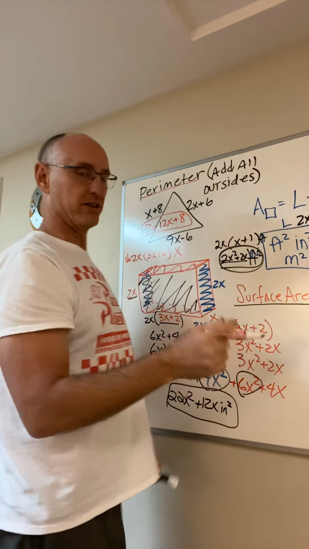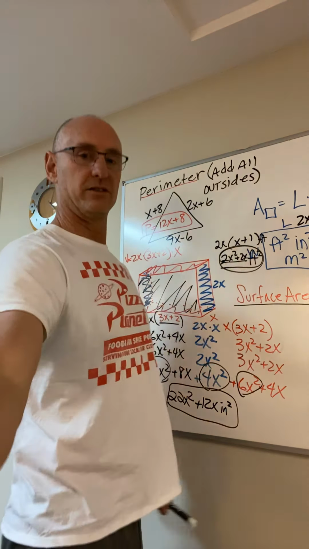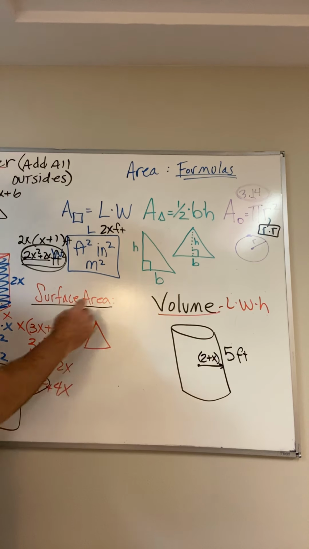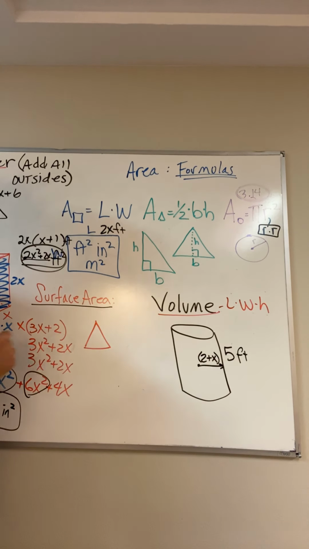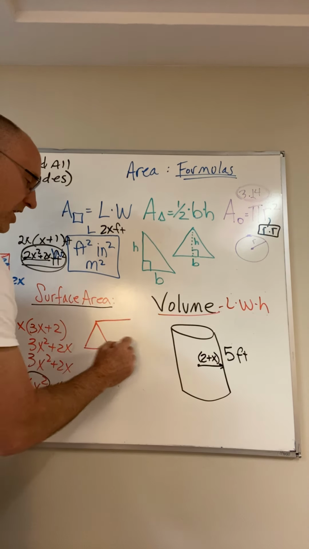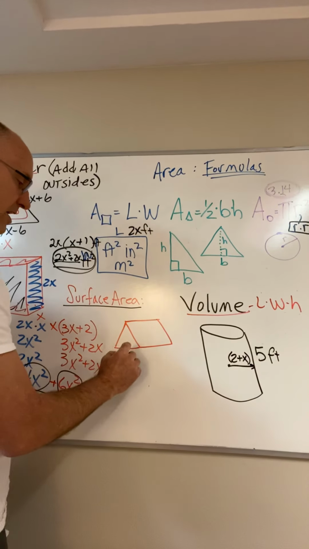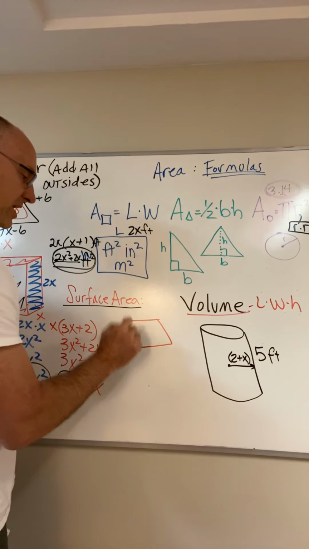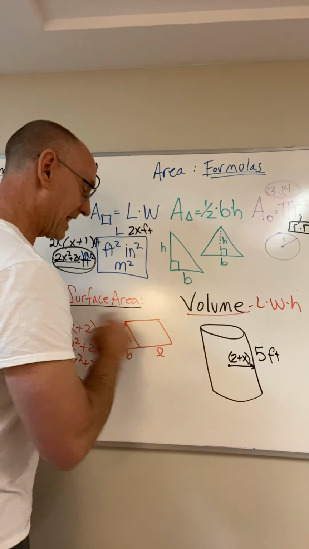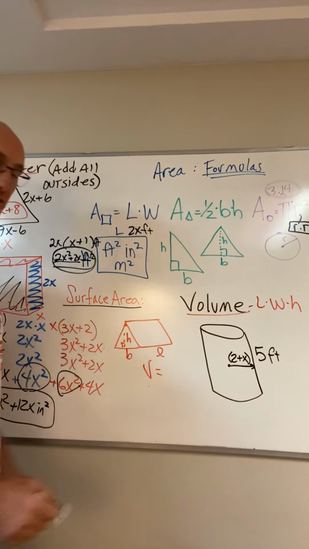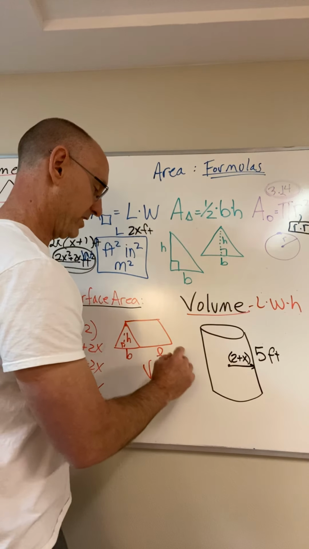If it's a triangle, it's a little more simple because you just take the area of the triangle times how long that tube is, like a triangle tube. So it'd be base times height times length, and that's how you find the volume. Also, volume is feet cubed.